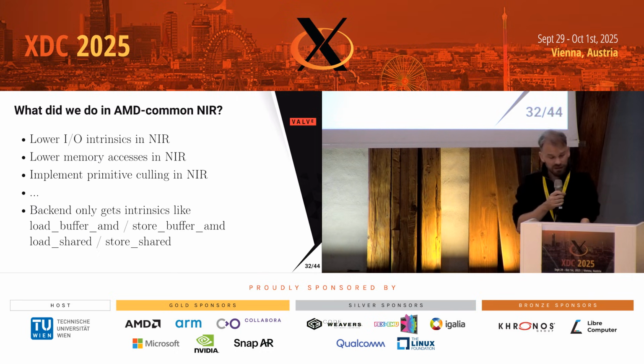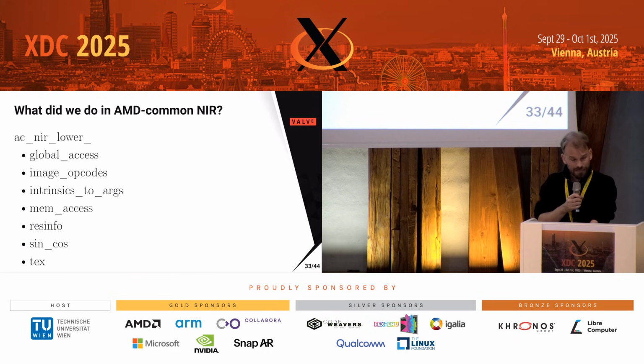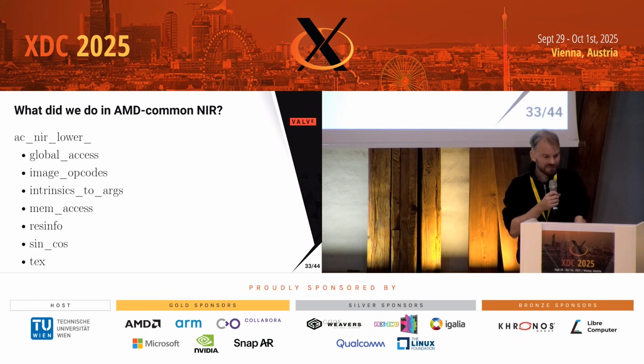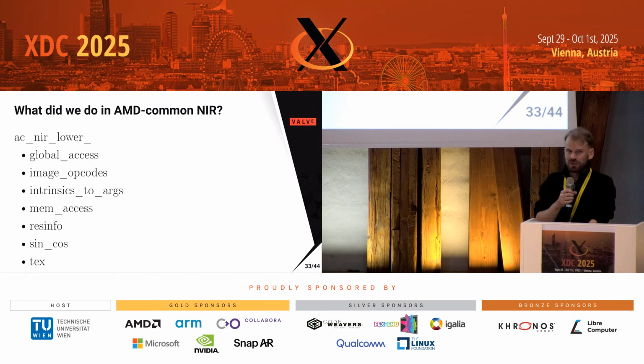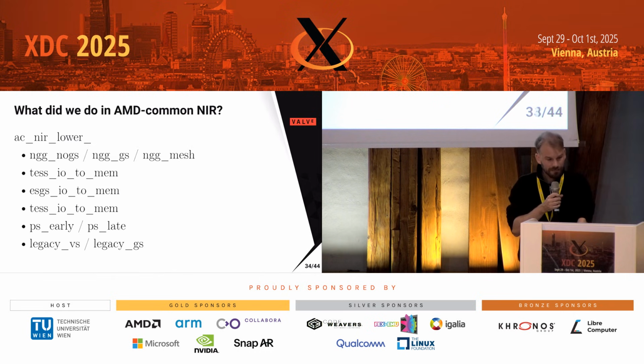So there are now a lot of NIR files in the common code, which handle the lowering of the different Vulkan specifics and also OpenGL specifics to very close to the backend instructions. This extends to a lot of different things.